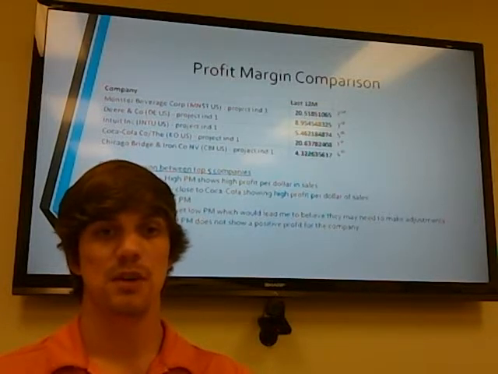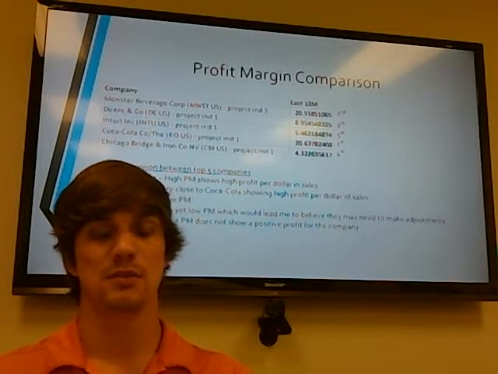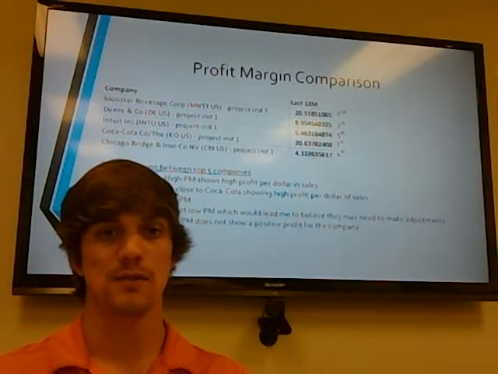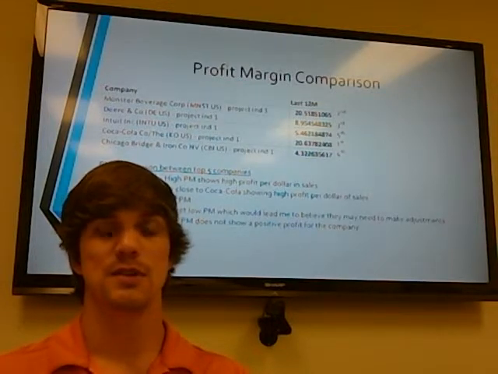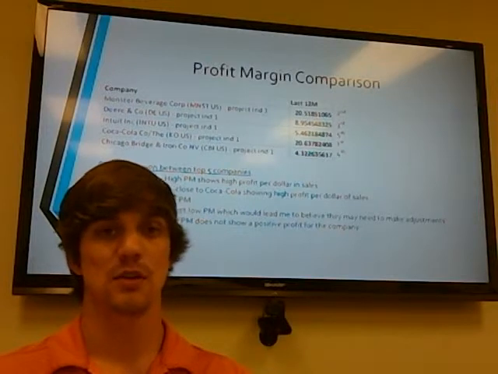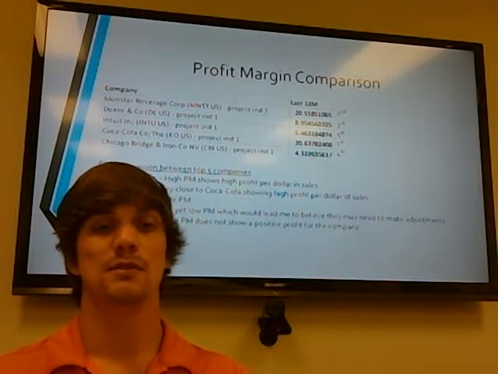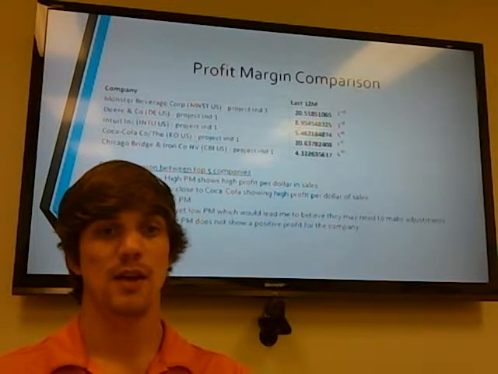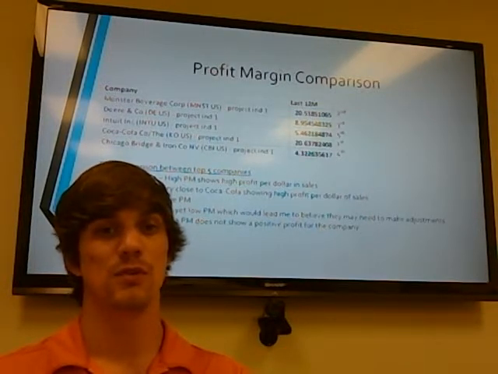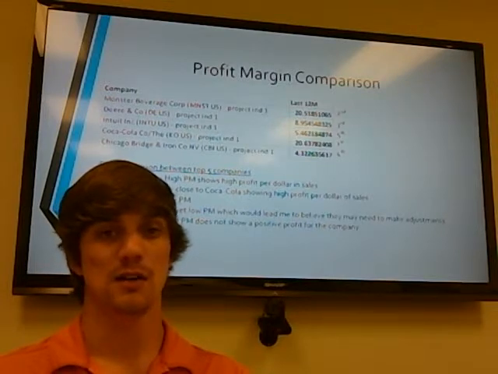Second was Monster Beverage, very, very close to Coke at 20.5. Third was Deere and Company, much lower, but still positive, still good, at 8.9. CB&I was 4.3. They were fourth, and Intuit shows a negative 5.4, which is not good.